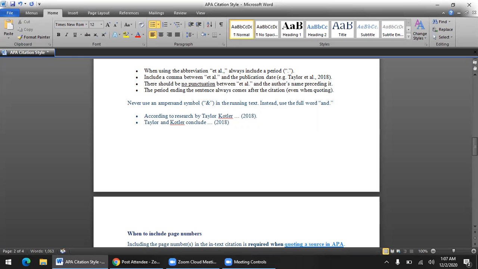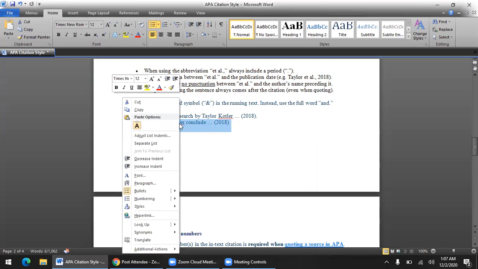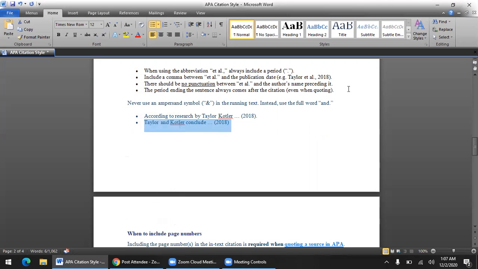Look at this example: Taylor and Kotler conclude that, Taylor and Kotler in their publication conclude. Okay, if you are writing at the end of a narration or paragraph, you will write this form. Take a copy from here, for example, this was cited by these two authors.